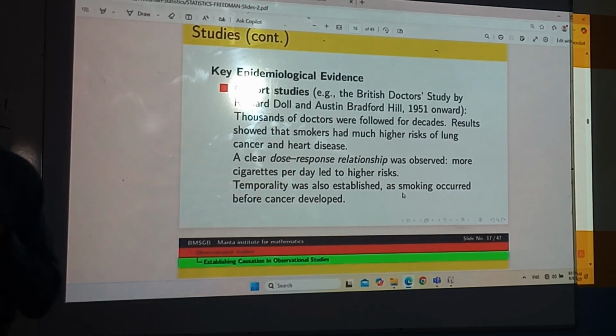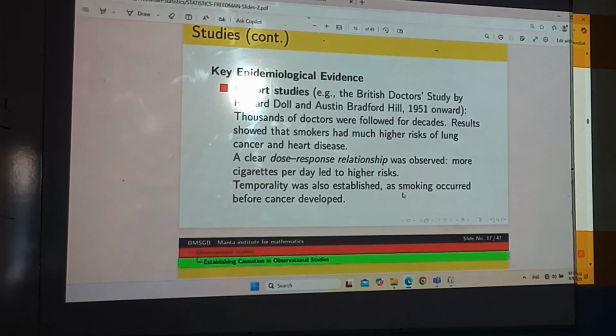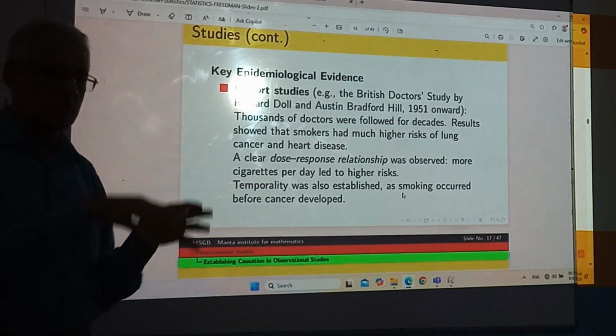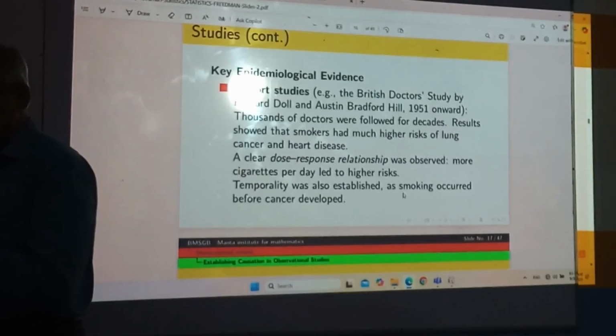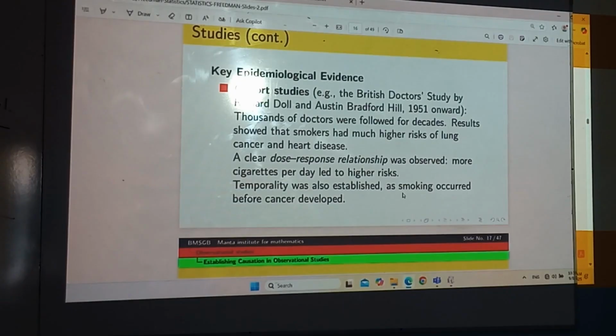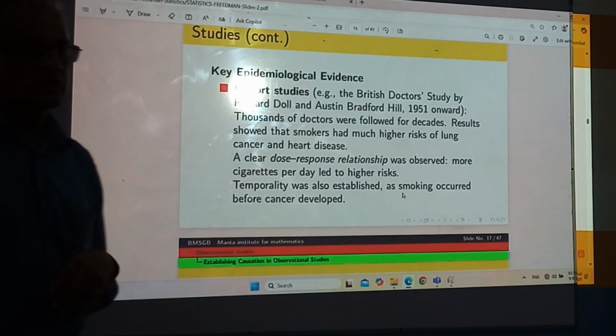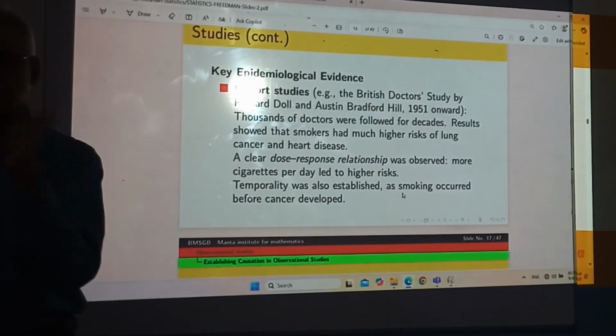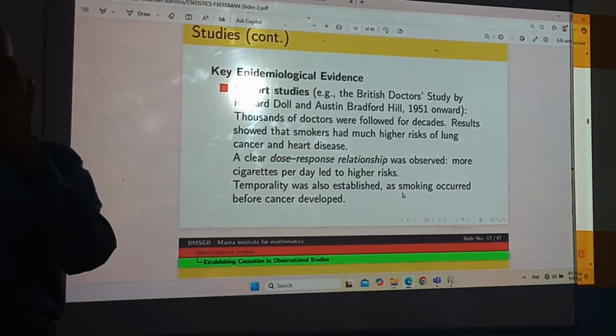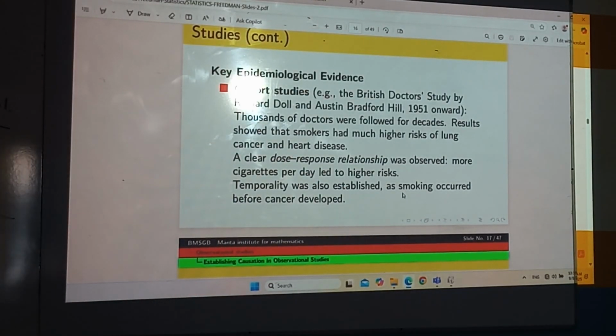That's what we mean by dose response in this case. When you are exposed to a high amount, the result becomes high, or the other way around if it is reciprocal. Temporally, of course, it fits, because lung cancer comes a little later; you are initially smoking, so time-wise it is correct.